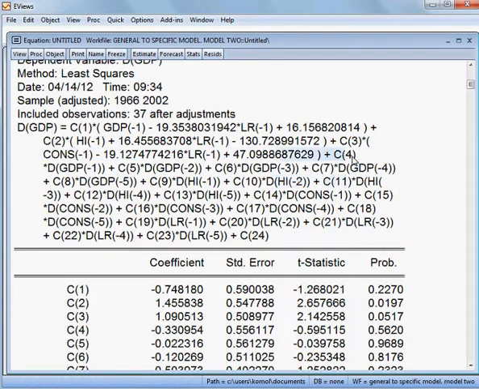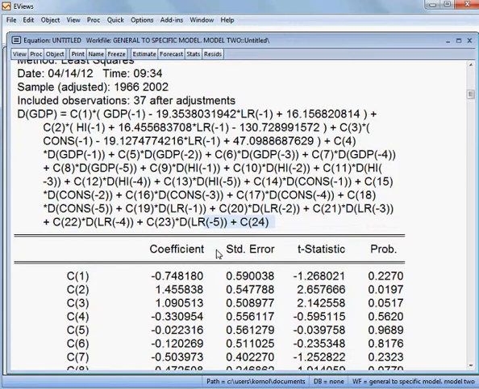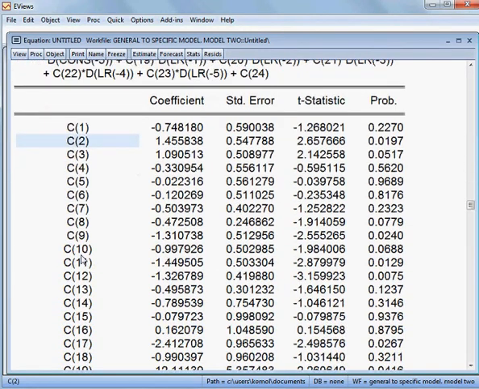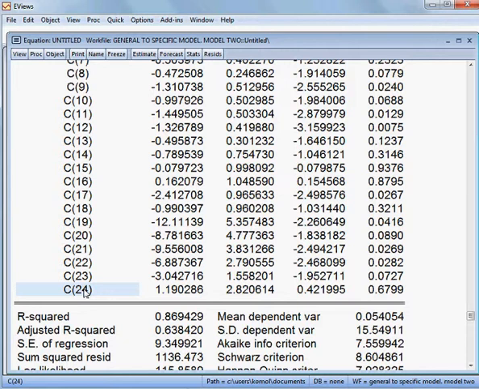Then C4 is the coefficient of DGDP1, C5 is the coefficient of DGDP2, and so on, with a constant in the model. So we have 24 coefficients, from C1 to C24.